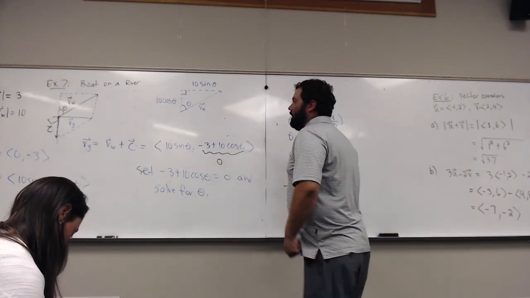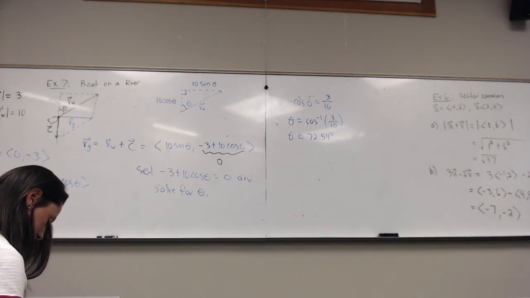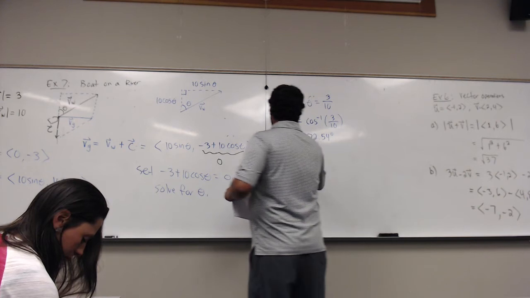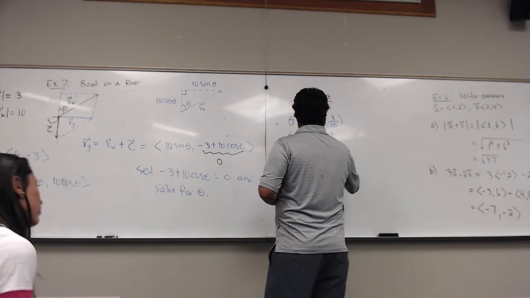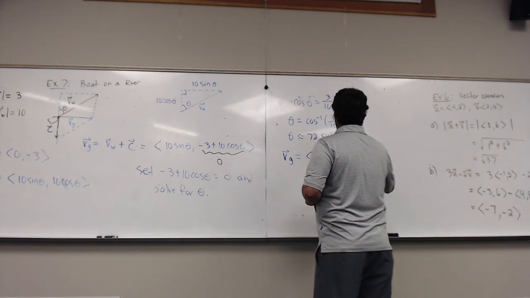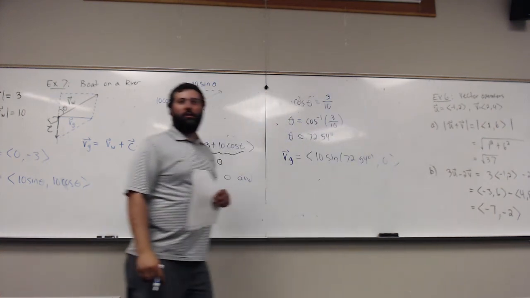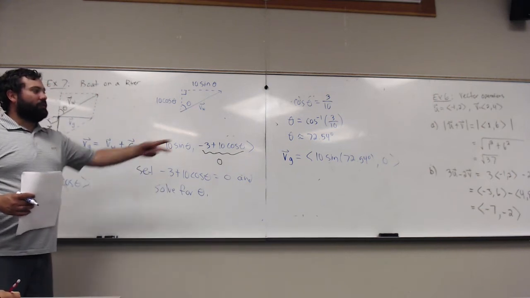And then now, what was the actual thing? We needed the angle and the speed of the boat. So now with that angle, VG is really just the x component is 10 sine 72.54 degrees, and the y component 0. So that gives me the resulting direction.